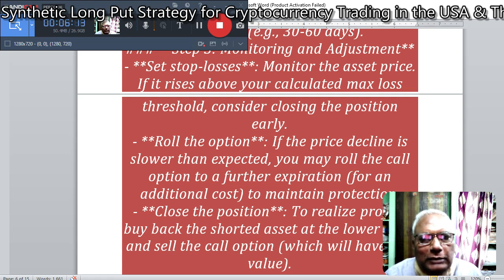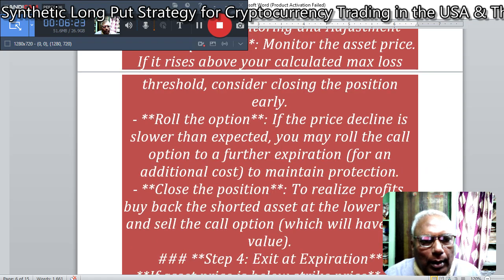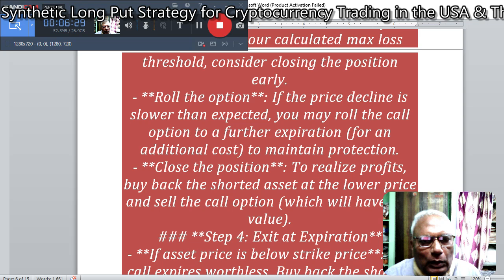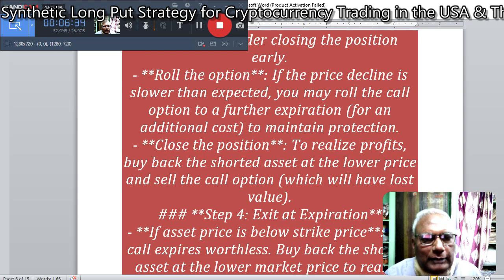If the price decline is slower than expected, you may roll the call option to a further expiration for an additional cost to maintain protection. Close the position to realize profits. Buy back the shorted asset at the lower price and sell the call option, which will have lost value.